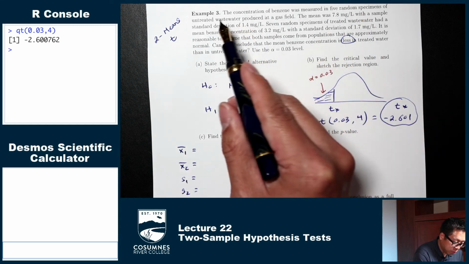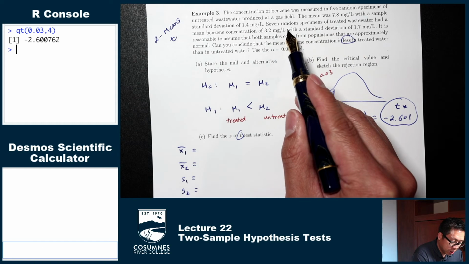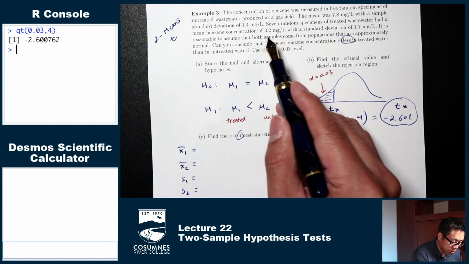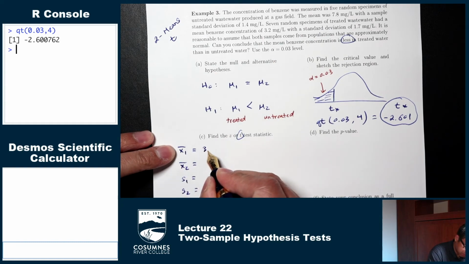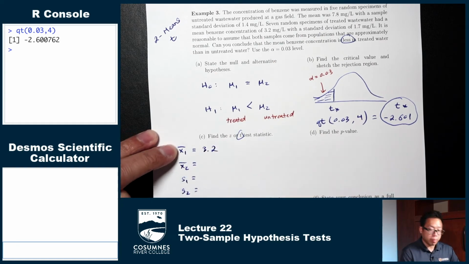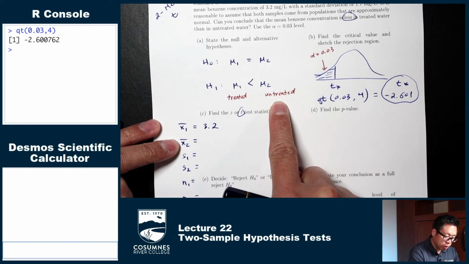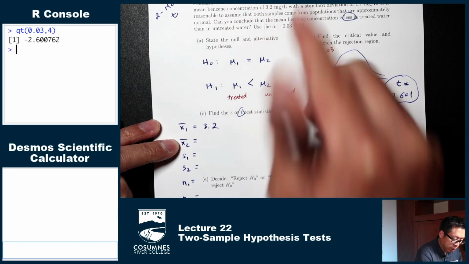Not the first sentence. The first sentence is untreated, which means those means are untreated. 7 specimens are treated, had a mean of 3.2. So x1 bar, the mean for treated, is 3.2. x2 bar is the mean for untreated, which was the first part. The mean was 7.8.